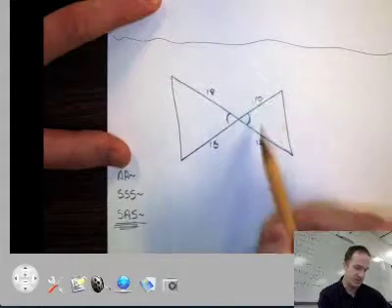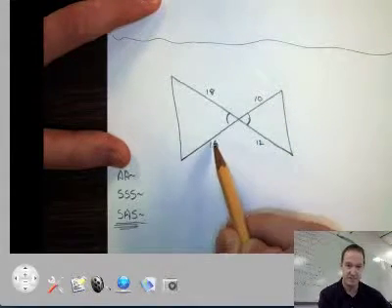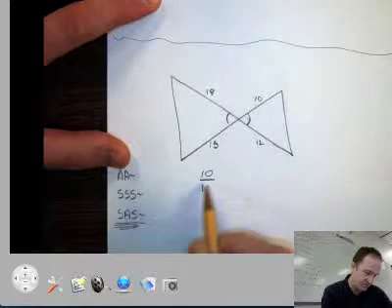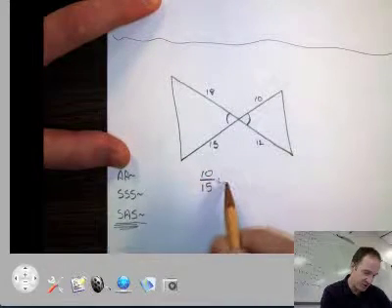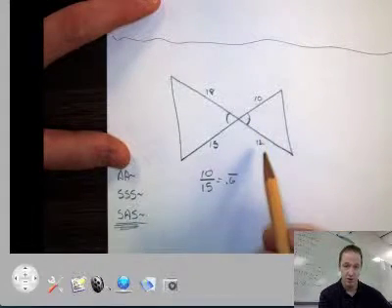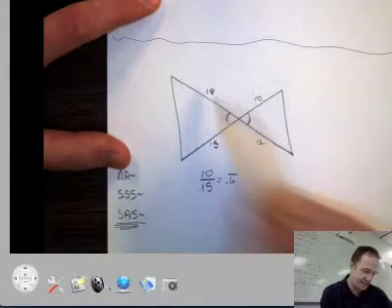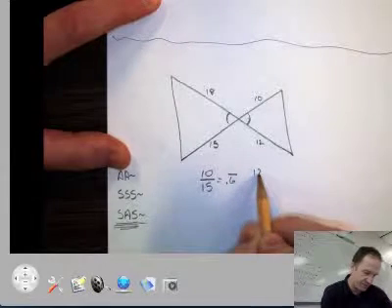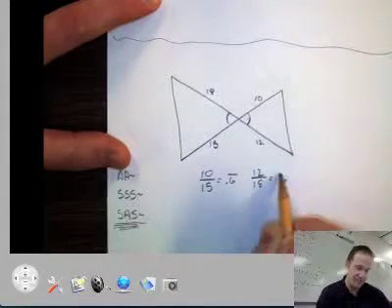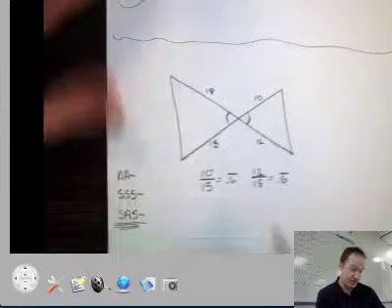Let's see, 10 is the smaller of these, and 15 is the smaller of these. So let's make a ratio out of those, 10 over 15. And that gives you 0.6 repeating. 12 is the bigger one, and 18 is the bigger one here. So 12 divided by 18, you can plug that in your calculator if you want. It is also 0.6 repeating, and we get the same ratio.